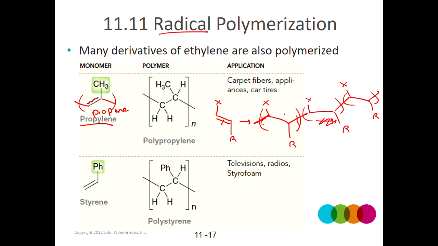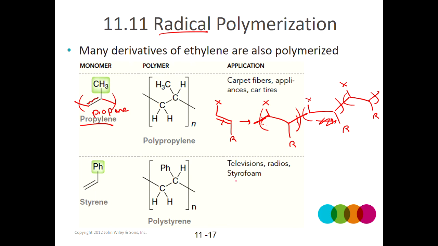I'm just showing you how each unit is comprised of all the same atoms in the monomer, not taking away or adding any atoms. All I'm doing is converting the pi bond into a sigma bond, and then converting the pi bond of that into a sigma bond. So the sigma bonds link the units together, and that's how the polymers form.